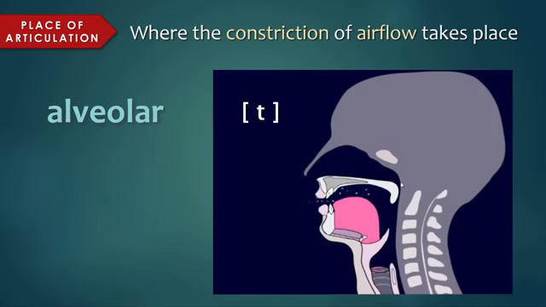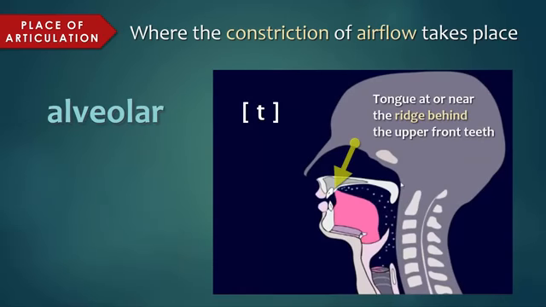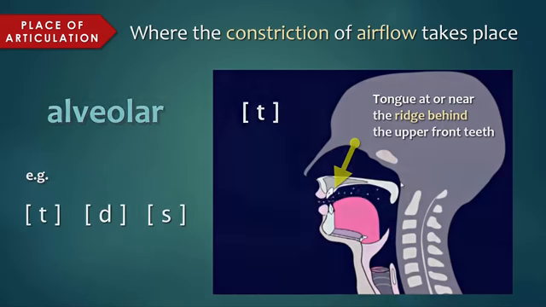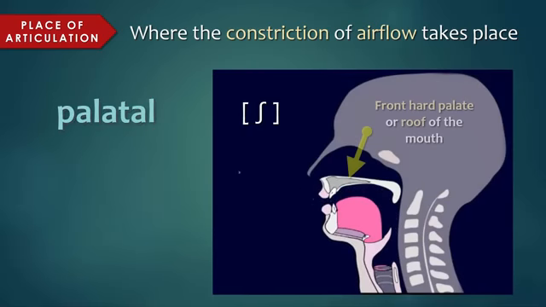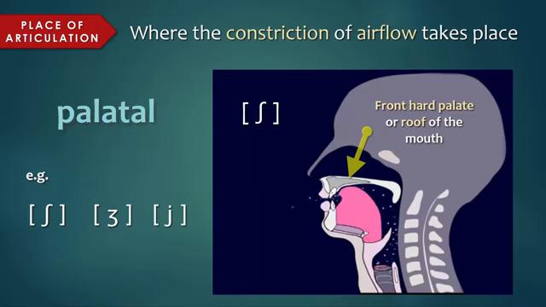Alveolar sounds are produced with the tongue at or near the ridge right behind the upper front teeth, such as t, d, s. Palatal sounds are produced at the hard palate or the roof of the mouth, such as sh, zh, y.